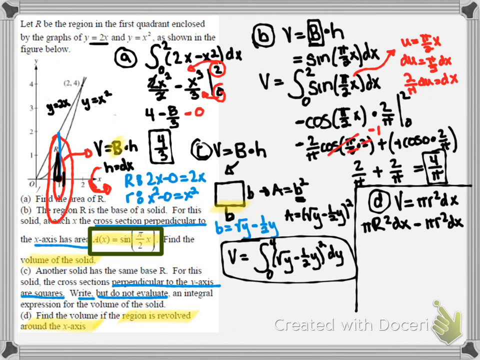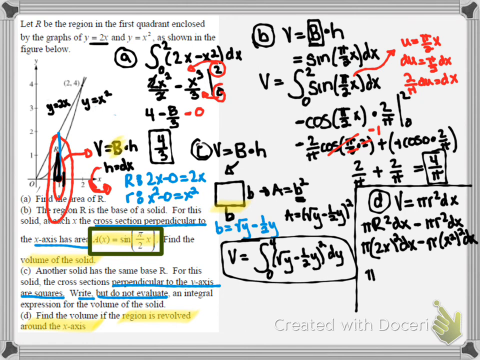So my volume is going to be pi big R, which is 2x squared, and that's the volume of the big cylinder. So now I need to find the volume of the smaller cylinder, and that would be subtract the volume of the smaller cylinder.